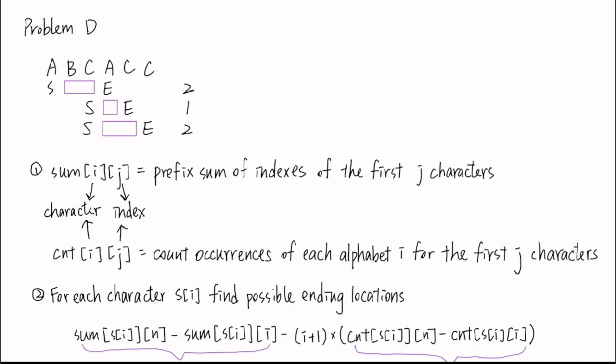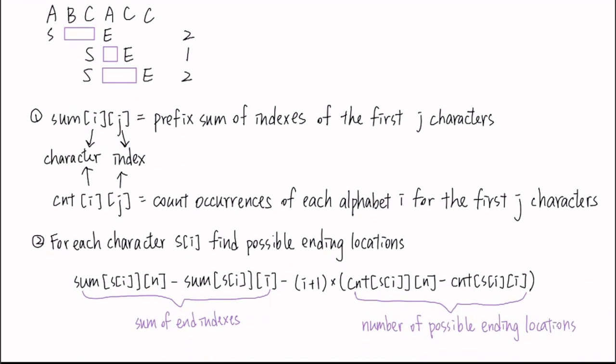And for each character si, we can update the answer by adding how many palindromes it would contribute if the palindrome starts at that character. So this part will just be the sum of the indexes of the characters that occur after si and have the same alphabet.